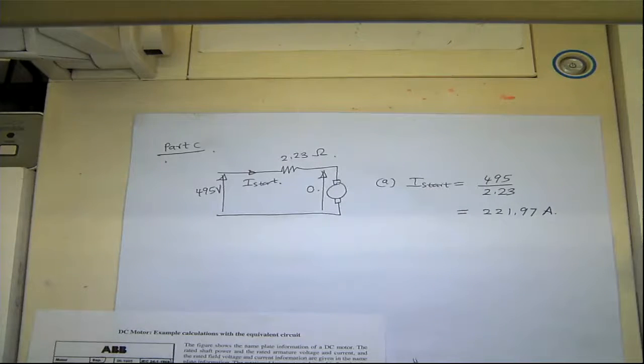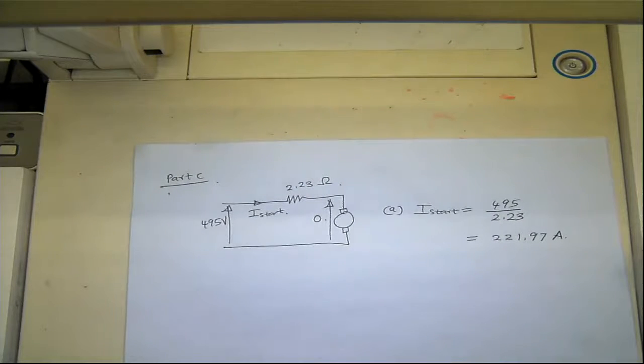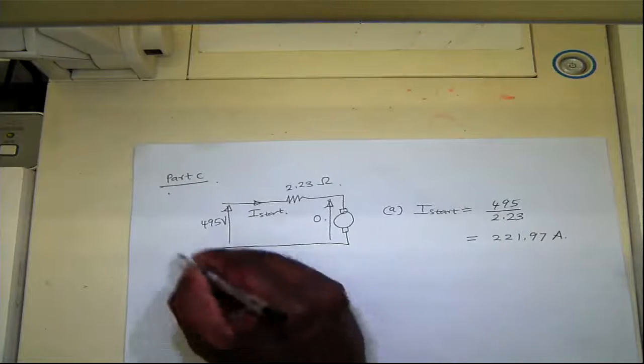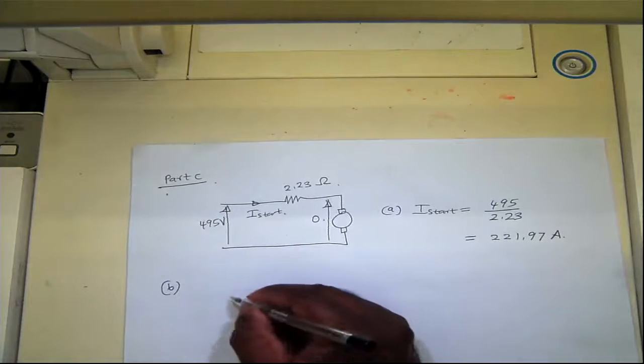So one approach is to have series resistances. This is for part A, and part B. Now you are connecting an external resistance.